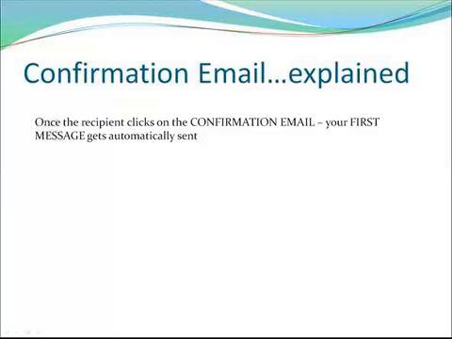Now you might be thinking, and quite understandably, hang on, why do I even need to confirm in the first place? If somebody signed up to my list, of course they want the information. Well, actually, believe it or not, that is not necessarily the case, because somebody, for example, could put somebody else's email address in just for fun, and therefore that email address, the person that owns it, doesn't even know that they've signed up to a list.